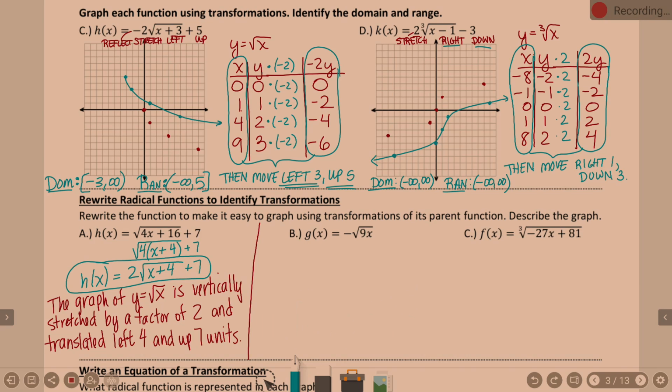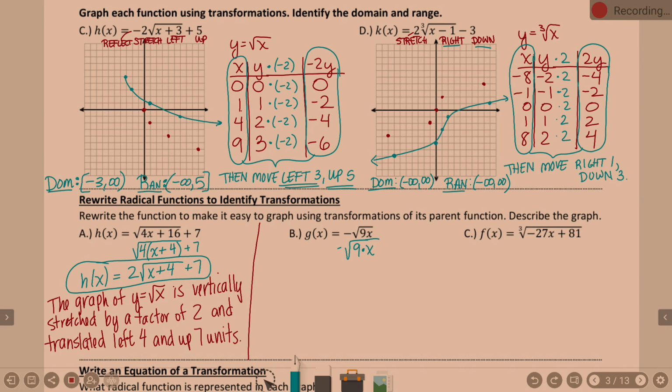Okay, B. g of x equals negative square root of 9x. What do you see? We see a square root. Can we do something with the square root of 9? If you think about this as two separate pieces, it's square root of 9 times square root of x.